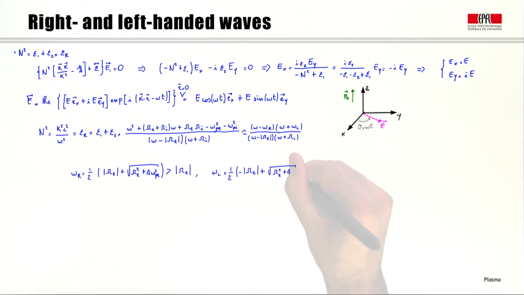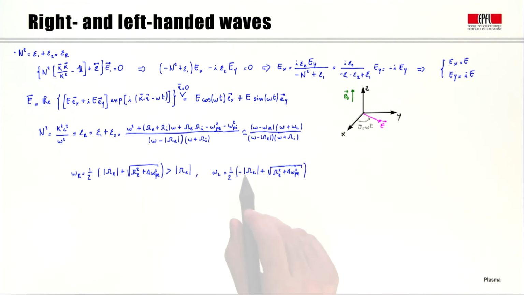As this is a quantity that is always larger than omega e, this will always be larger than 0. So these omega R and omega L are in practice the solutions of the quadratic equation that we have at the numerator, evaluated in the limit of the electron mass being much smaller than the ion mass.